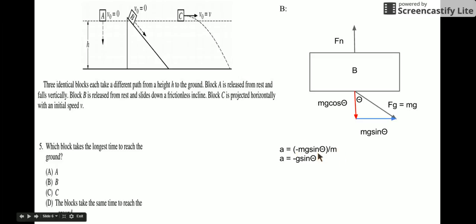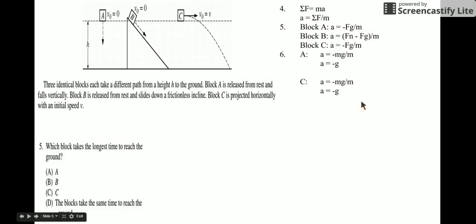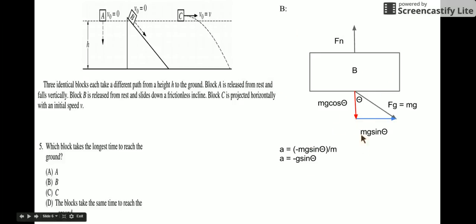These two masses would cancel, and we get acceleration equals the negative gravity times sine theta. Now this sine theta basically means that the force of gravity on an incline is only a fraction of the actual force of gravity. So this acceleration is only a fraction of what these two values would be, depending on the angle.